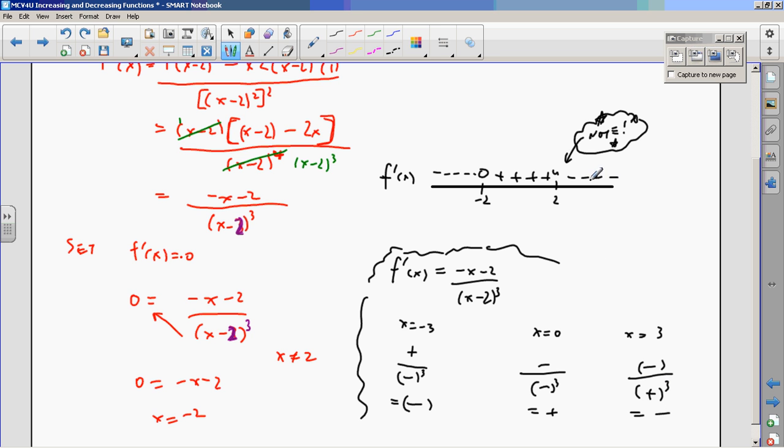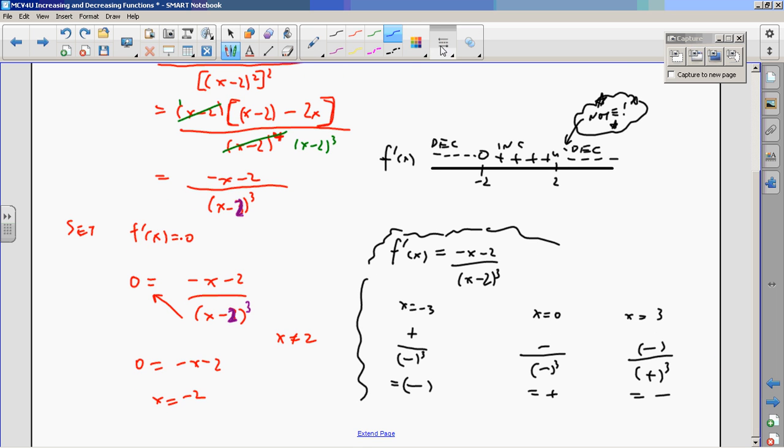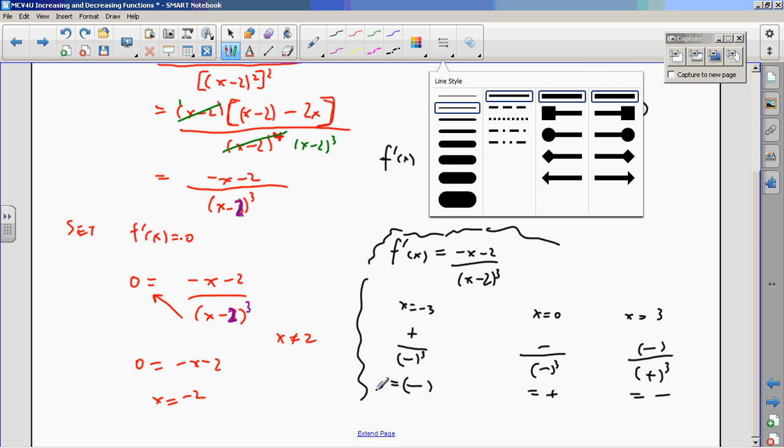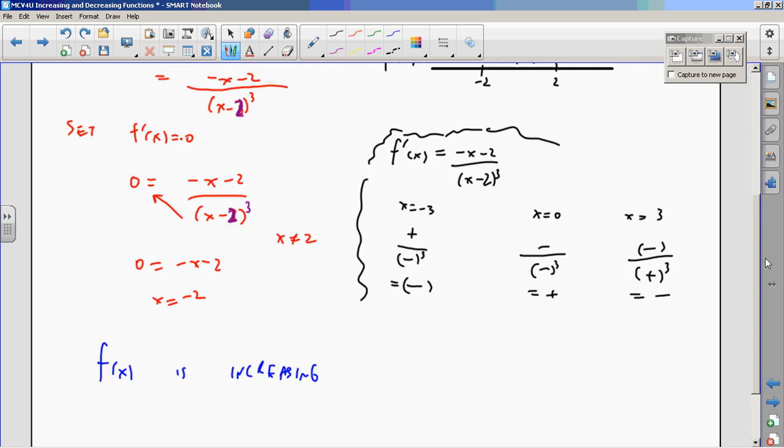And so from here, I can pick off where it's increasing and decreasing, right? From this, it tells me that this is where it's decreasing, increasing, decreasing, right? So my conclusion, I'm looking for some spots to make some conclusions now from my sign chart. So f at x is increasing where the first derivative is positive.